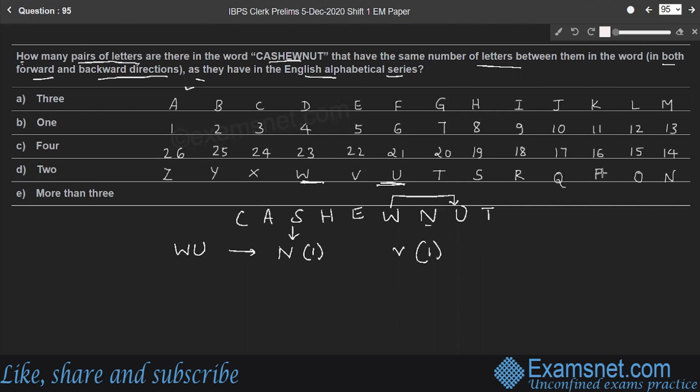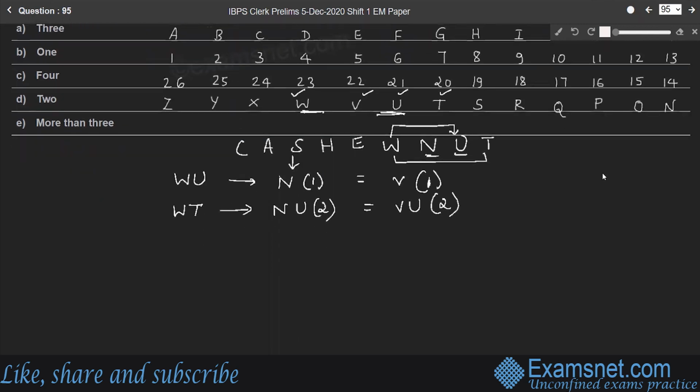And the next pair is W and T. In the given word, between W and T there are two letters, N and U. In the English alphabetical series between W and T, again there are two letters, V and U. So both are equal, right? The number of letters in the given word is equal to the number of letters in the alphabetical series.